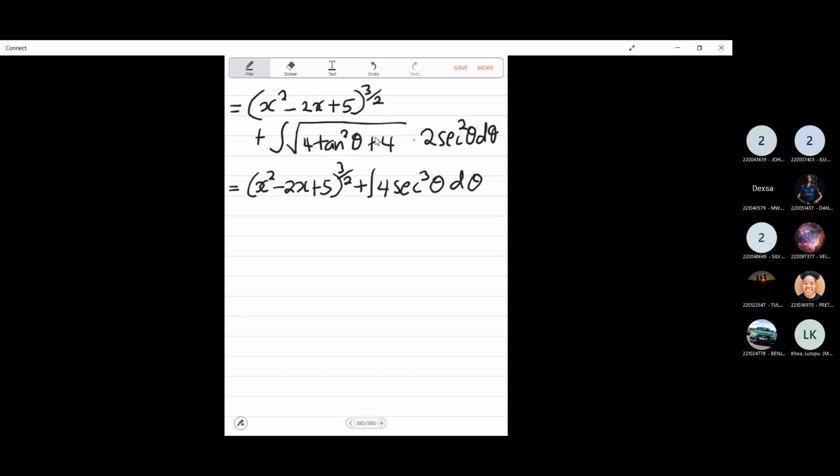Okay, so the square root of 4 is 2. You multiply it with this 2, and then you have tan squared theta plus 1, which is sec squared theta. The square root is just sec theta. So that sec theta, you multiply it by this one, you get sec to the power of 3 of theta.